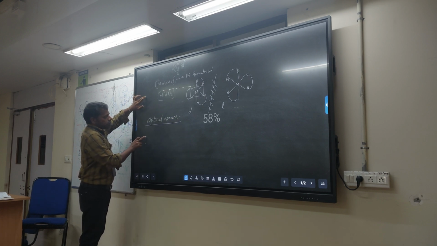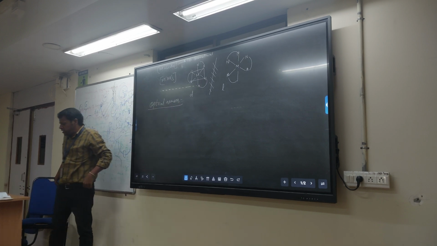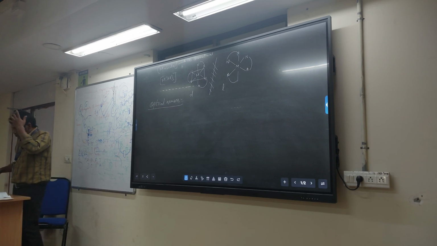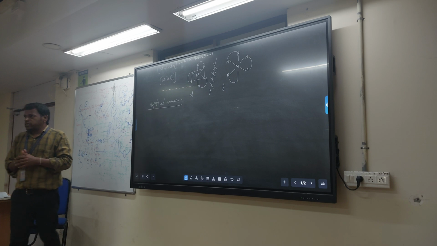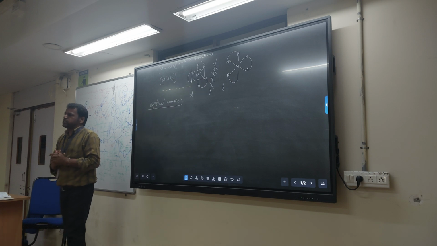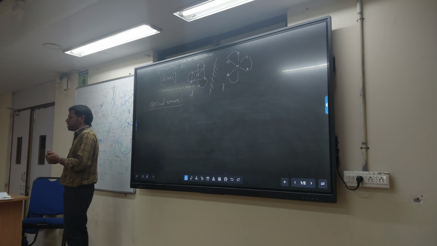Optical isomerism. What are the conditions I gave? Definitely, the molecule must have asymmetric nature. That means there is no plane of symmetry, no center of symmetry, no axis of symmetry.